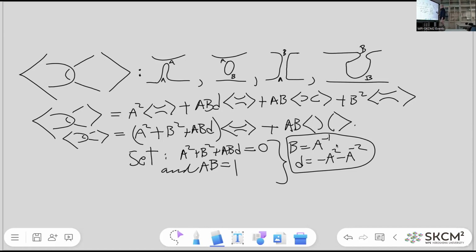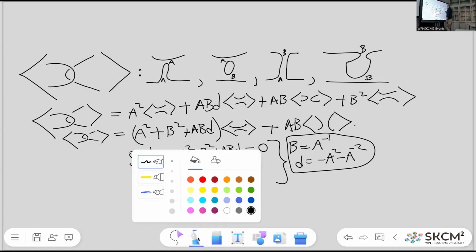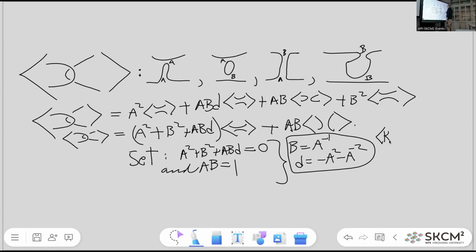And now bracket K is in the ring of Laurent polynomials in A. One variable instead of 3. So this is one way to make it invariant under the second Reidemeister rule.